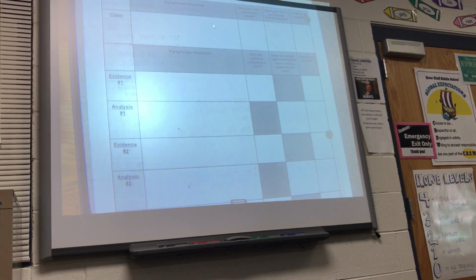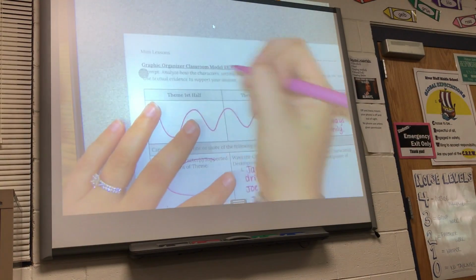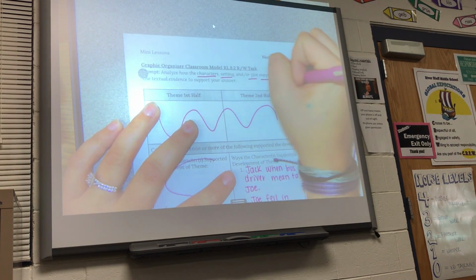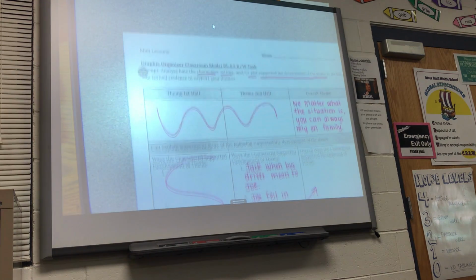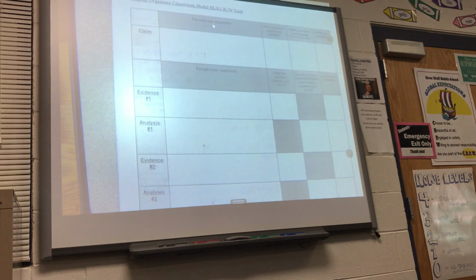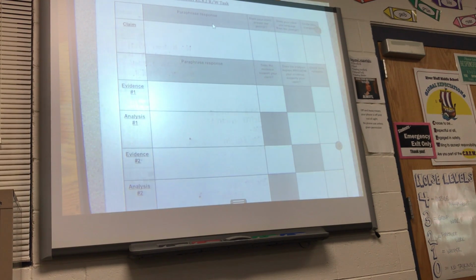How the character, setting, and plot supported the development of the theme. A lot of people think that we're making a claim about what the theme is. That would be incorrect, because that's not what the prompt is asking us. The prompt is asking us how the character, setting, and plot support the development of the theme. It's not saying make a claim about the theme. Does that make sense, the difference?